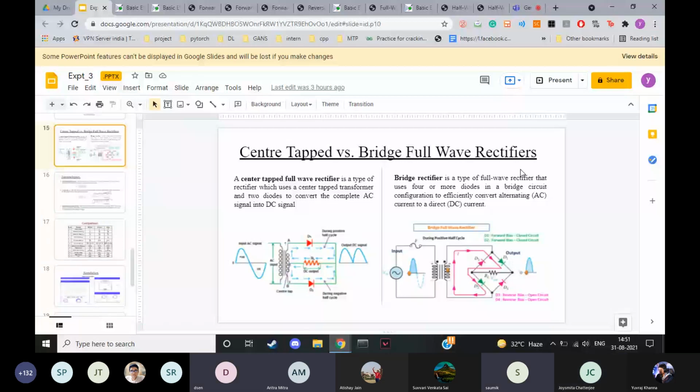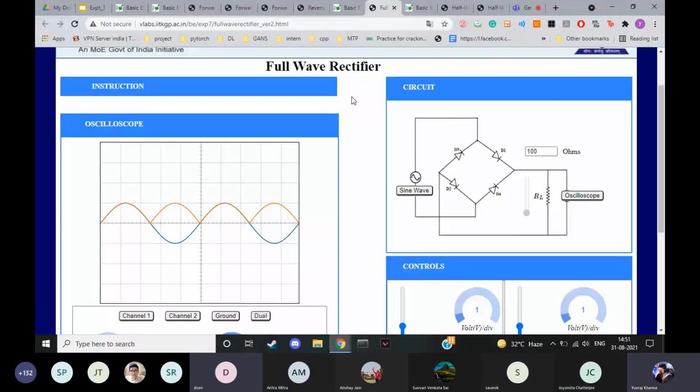I didn't get your question. I think he's asking if we don't have any graph to be plotted, can we show the oscilloscope output? Yes, that should be there in the report. So we print this whole page and attach it in the report. Right. Yes. Okay.